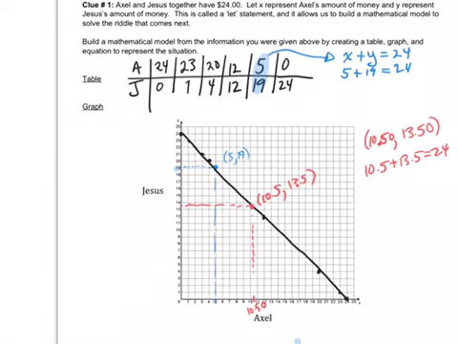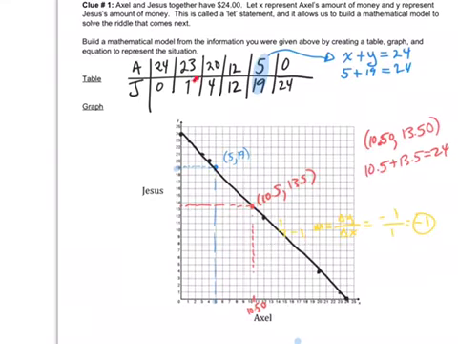You will also notice that that straight line has a slope of -1. Okay, m is equal to change in y over change in x, which is negative 1 over 1. And that slope means that for every dollar that Axel gains, Jesus loses $1.